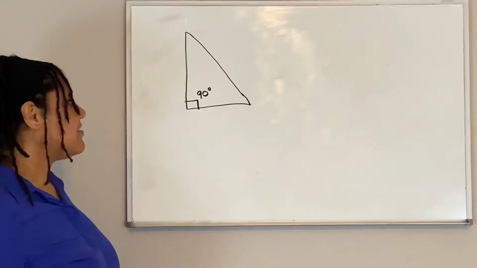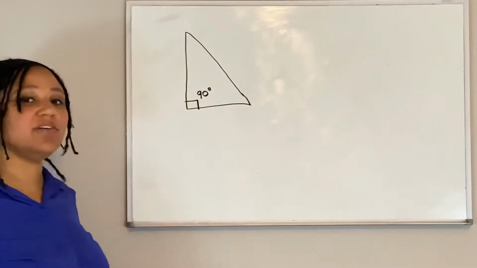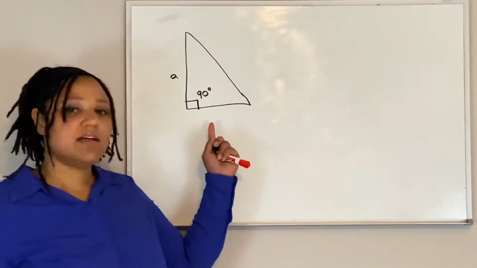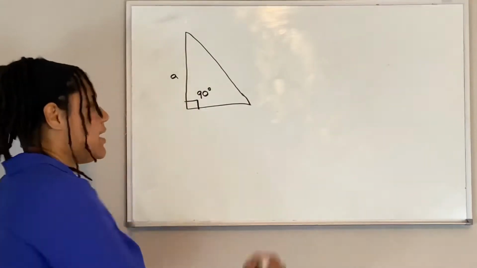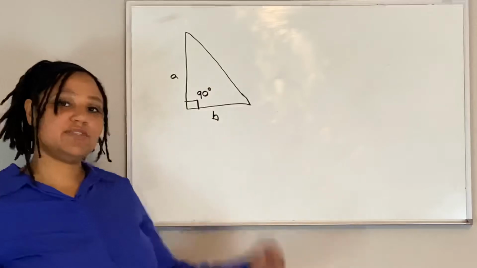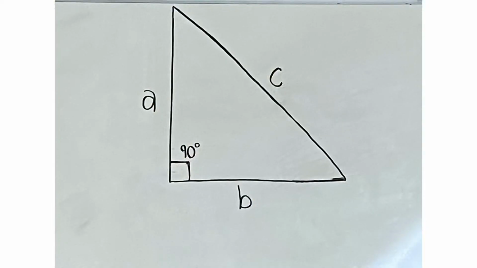And let's say that the length of this side of the triangle, I'm going to call that length A. And I'm going to call the length of this side B. And I'm going to call the length of this third side C. Note that C is called the hypotenuse. The hypotenuse is the longest side and is always opposite of the 90-degree angle.